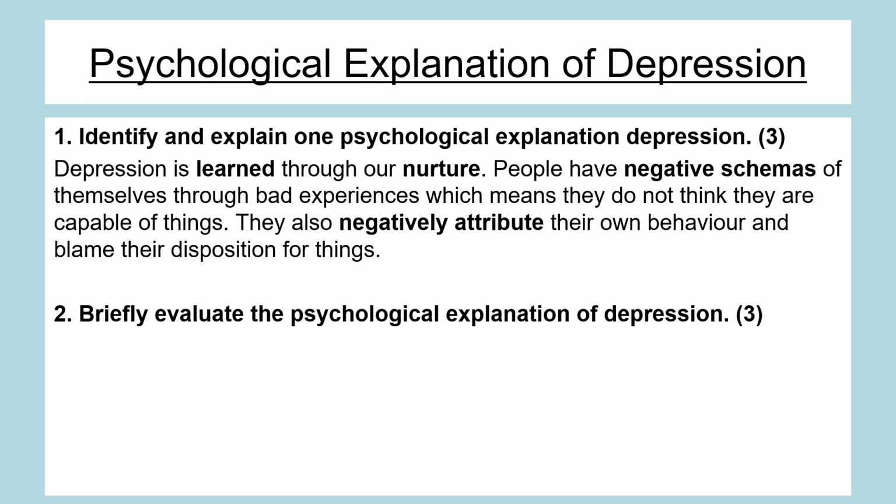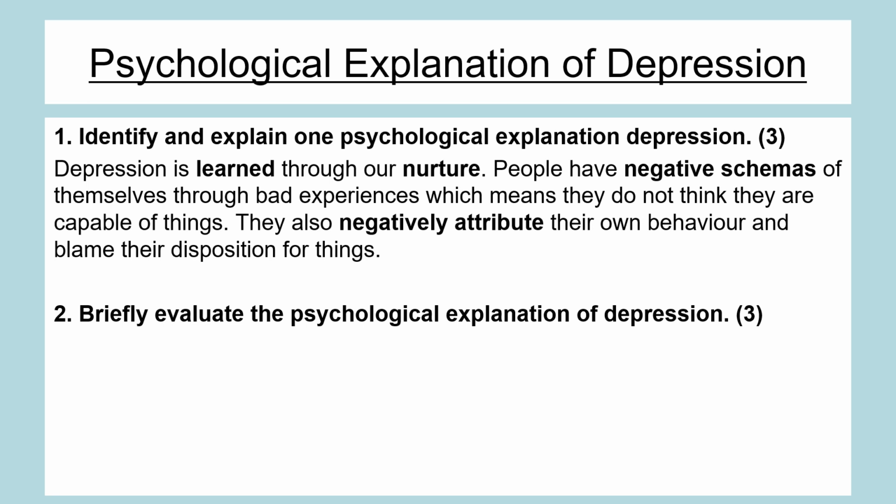So a person with depression will negatively attribute that: I did rubbish in the exams because I'm not very clever. I'm rubbish at exams. Whereas a healthy person is more likely to say something like, I didn't do too well in that exam because I didn't really revise. I left it quite late. I tried to cram it all in the night before. I need to try a bit harder the next time.